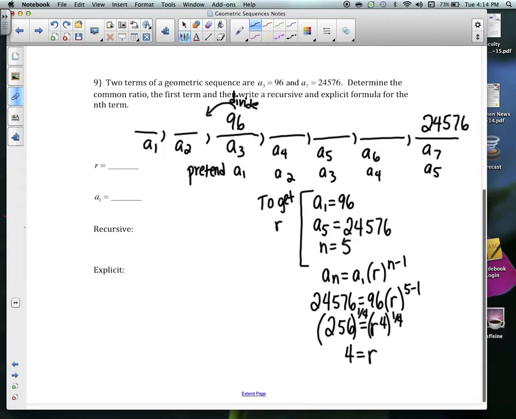You can divide if you go backwards. So if I do 96 divided by 4, I get 24. 24 divided by 4, I get 6. So now I have my first term and my r value. And this is probably the most complicated of the types of questions you will get. And that gives us enough information to write our two formulas.